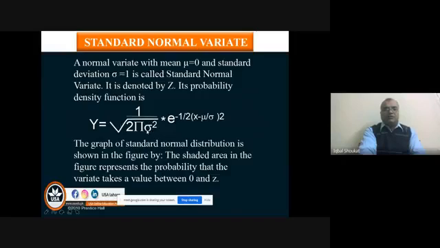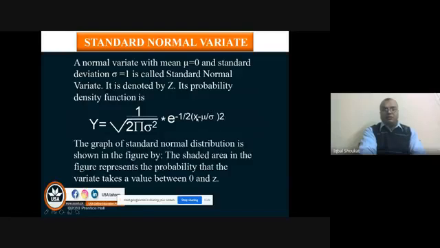Again I repeat, 1 over sigma square root of 2 pi into exponent raised to the power minus 1 over 2 into x minus mu divided by sigma, squared.